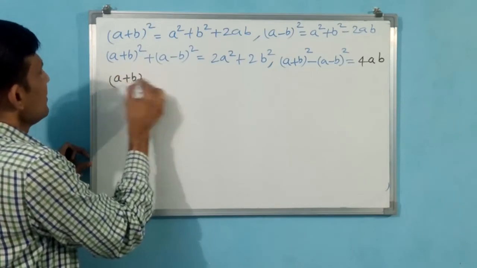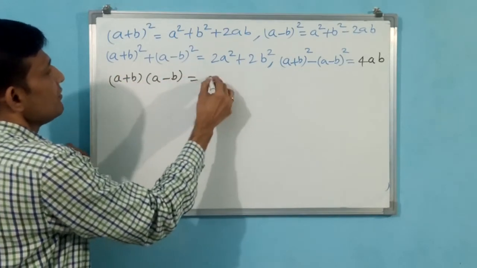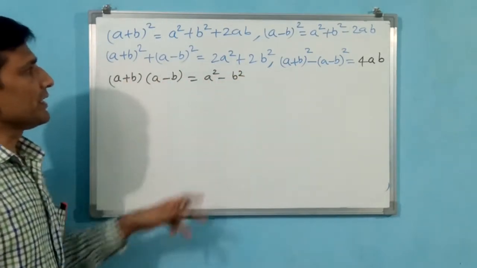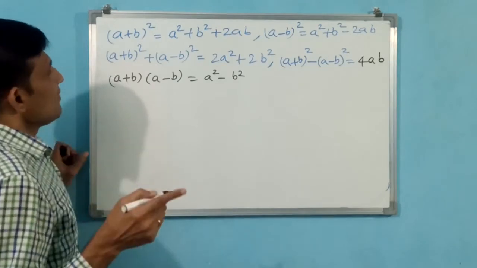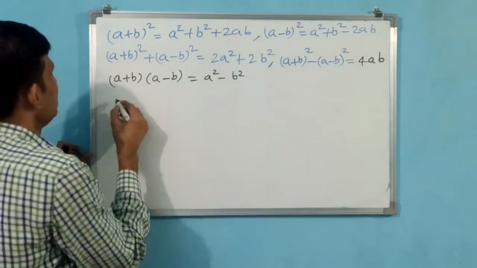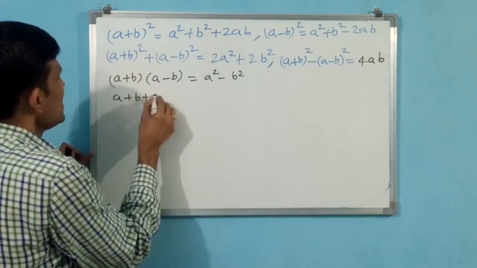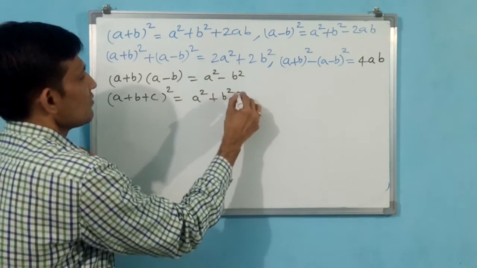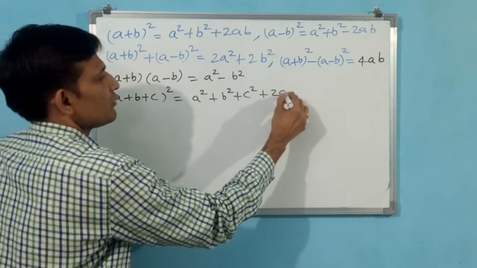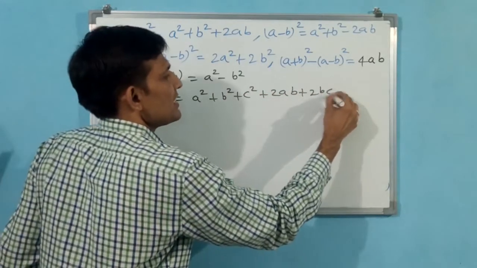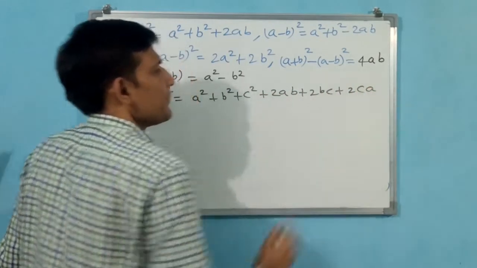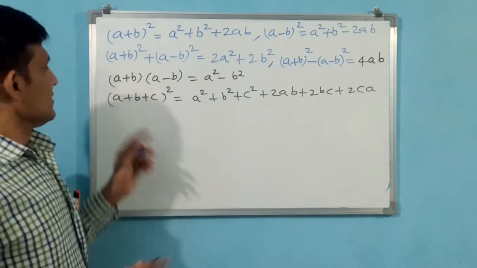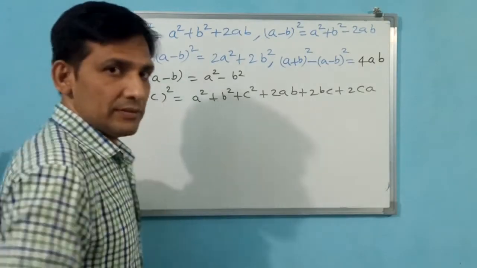A plus b into a minus b is equal to a square minus b square. This is also very important. And another one, a plus b plus c whole square we will see. A plus b plus c whole square is equal to a square plus b square plus c square plus 2ab plus 2bc plus 2ca. All positive.